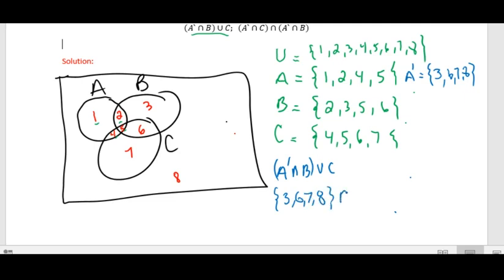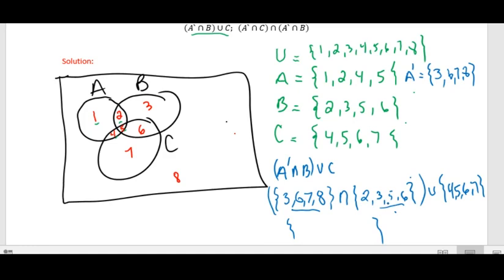Then I have intersected with B. B is 2, 3, 5, and 6. So this is all that I have in my parentheses. Then I have union C, which is 4, 5, 6, and 7. So now I can work inside of my parentheses. I have this intersected with this.